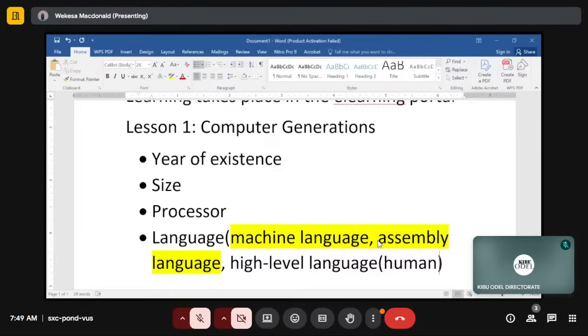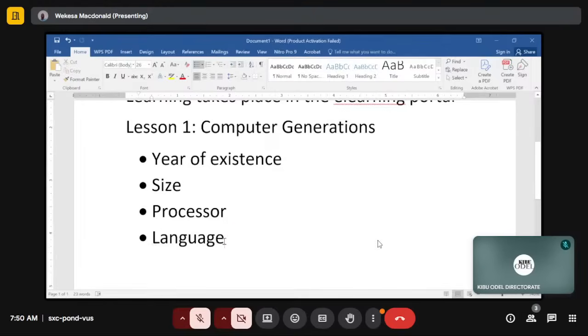Every time we talk to a computer, it translates high level language to assembly language, then to machine language, which it understands. So the computer only understands machine language. When mentioning these generations, you better mention which language these computers used.